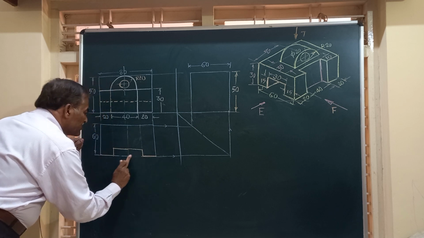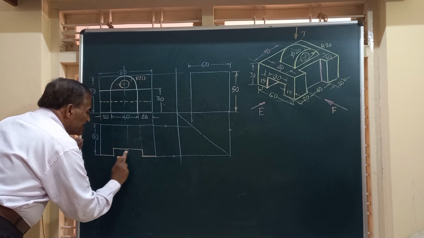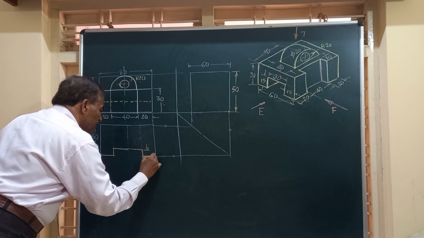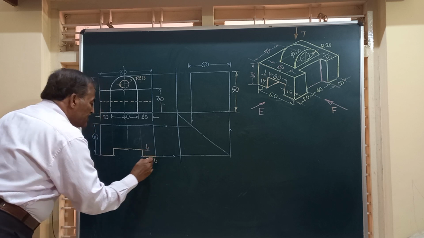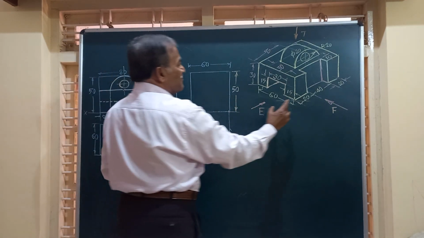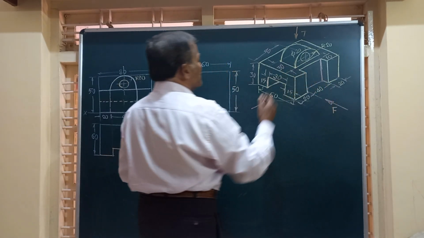And remember friends, this portion won't be there, it won't exist. So this has a dimension of 10 millimeter, and the width is the same as this, that is 40 millimeter width that we are seeing.